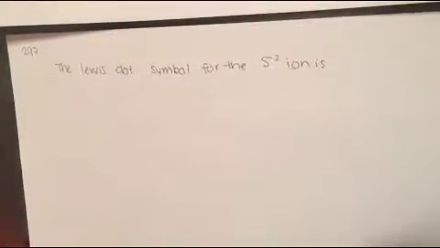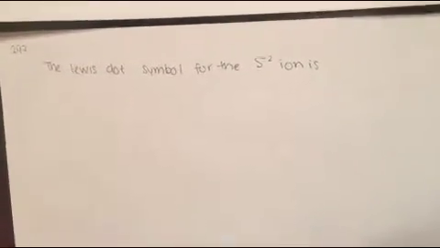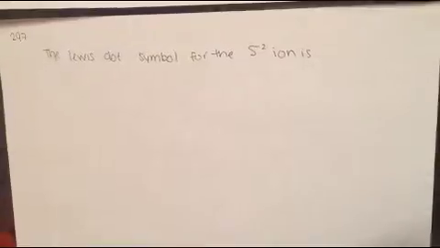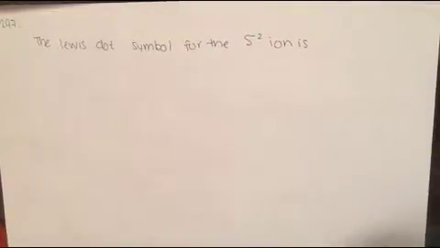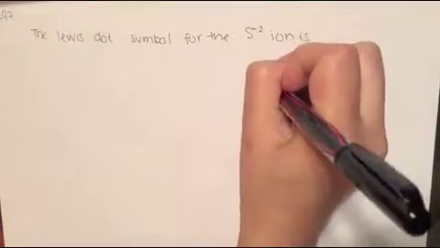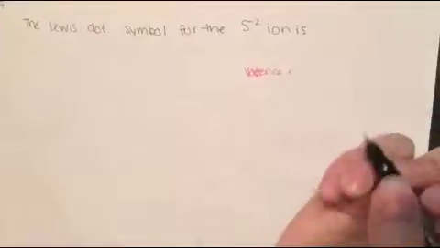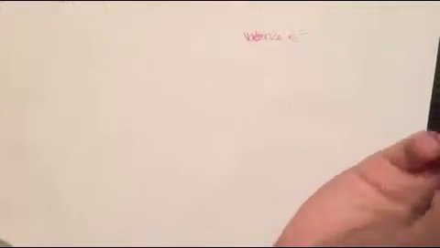The Lewis dot symbol for the S2 minus ion is. So first you want to check how many valence electrons sulfur has. So you go to your periodic table and you find that it has 6.